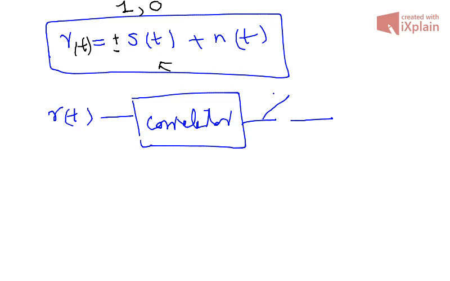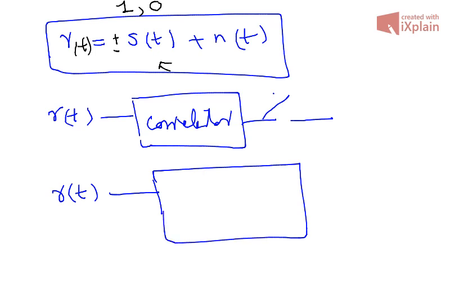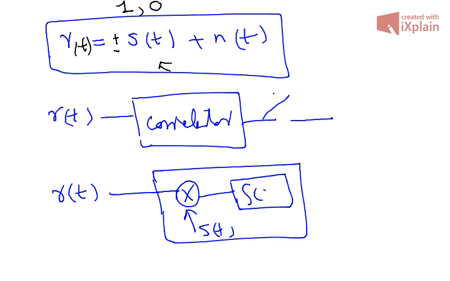If you closely observe, it multiplies r of t with s of t, and then it integrates the result, and gives us the output of this integral.